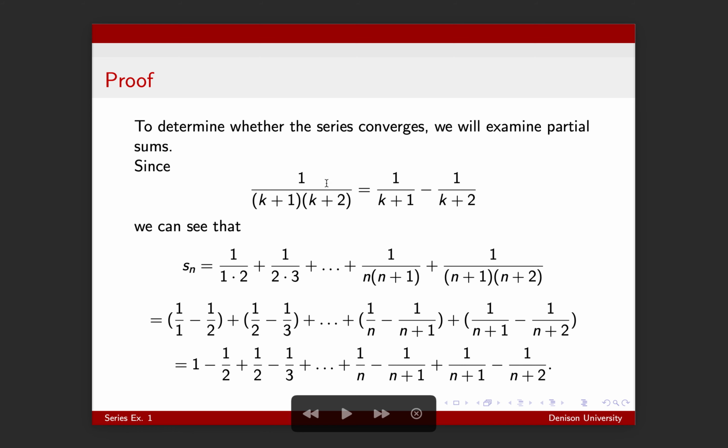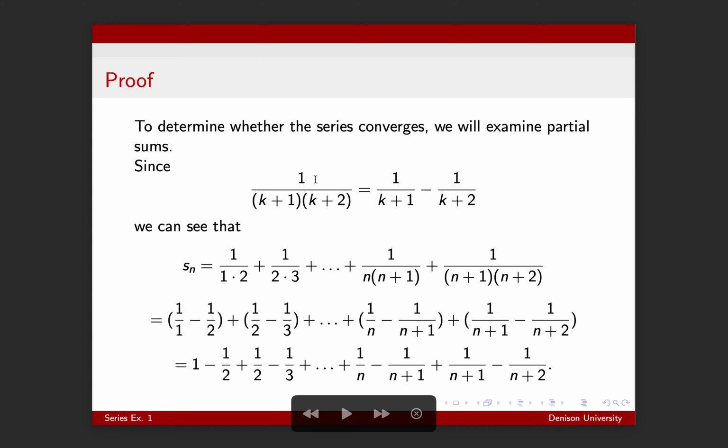So when we write out the partial sum in the 1 over (k plus 1) times (k plus 2) form, we have 1 over 1 times 2, plus 1 over 2 times 3, plus ... plus 1 over n times (n plus 1), plus 1 over (n plus 1) times (n plus 2).